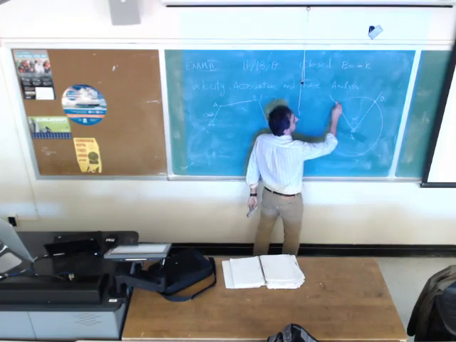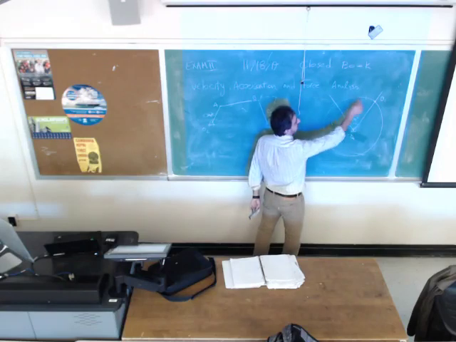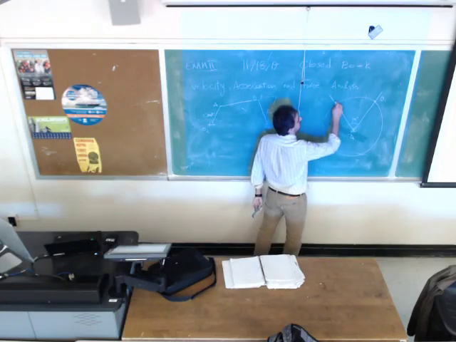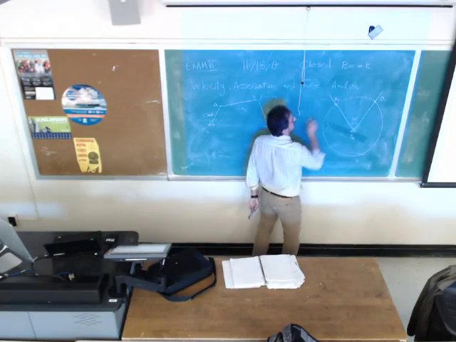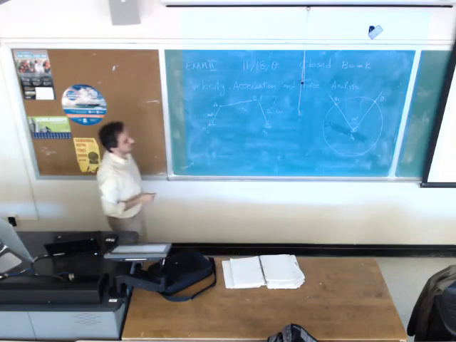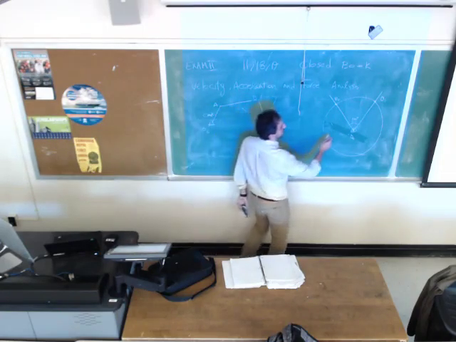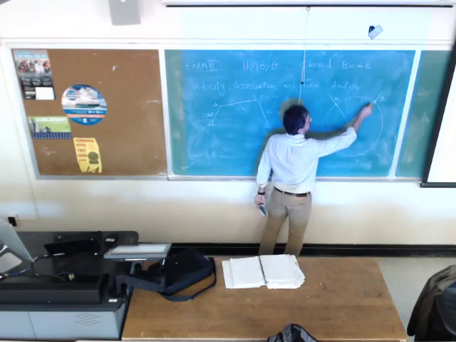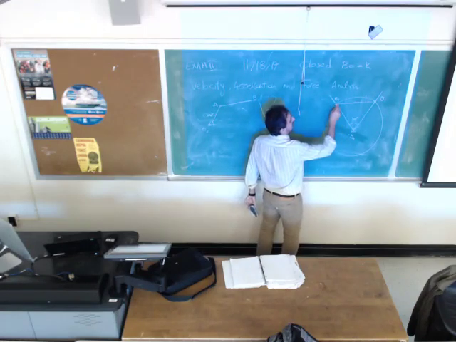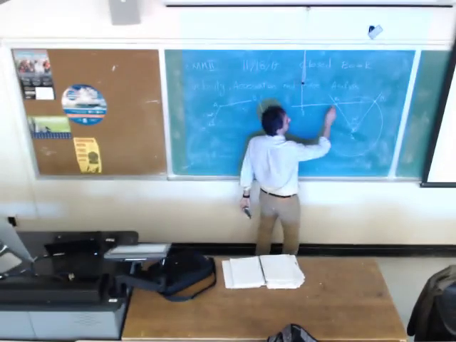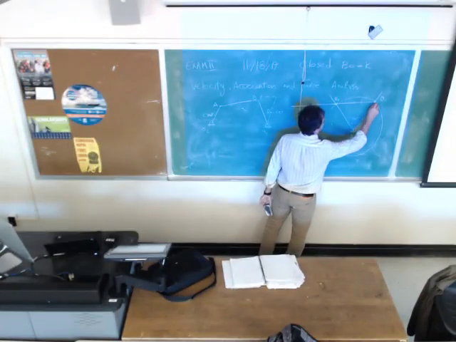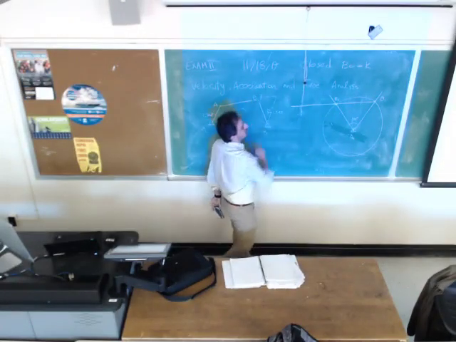The intersection of the second line with the circle, we label as B2. Connect B1 to B2 and extend that line.